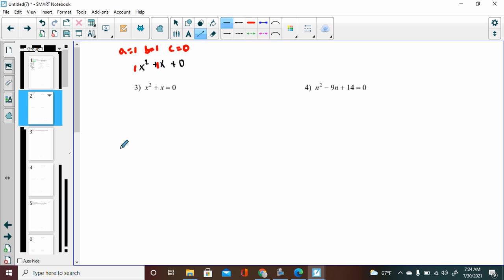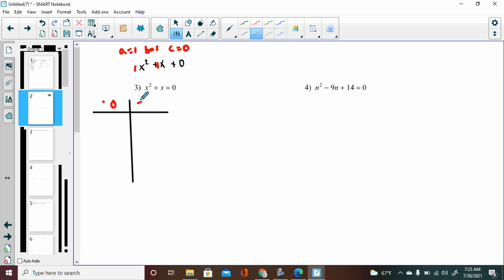So we're looking for two numbers. They multiply to 0, add to 1. Okay, so I'm going to try 0. 0 divided by 0 is just 0. So that's going to add up to 0.